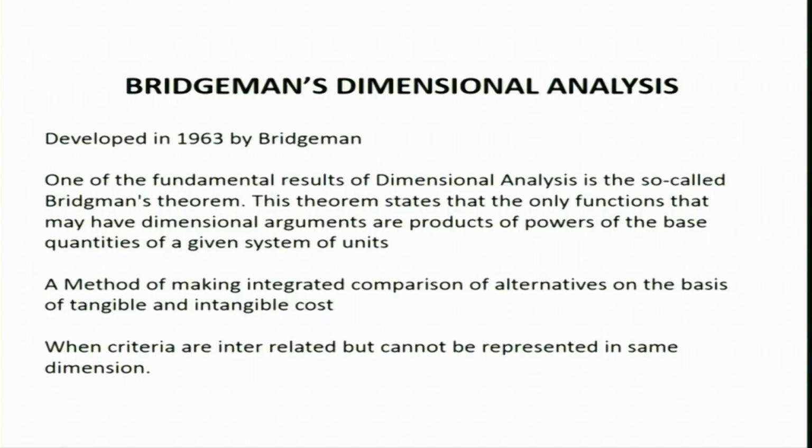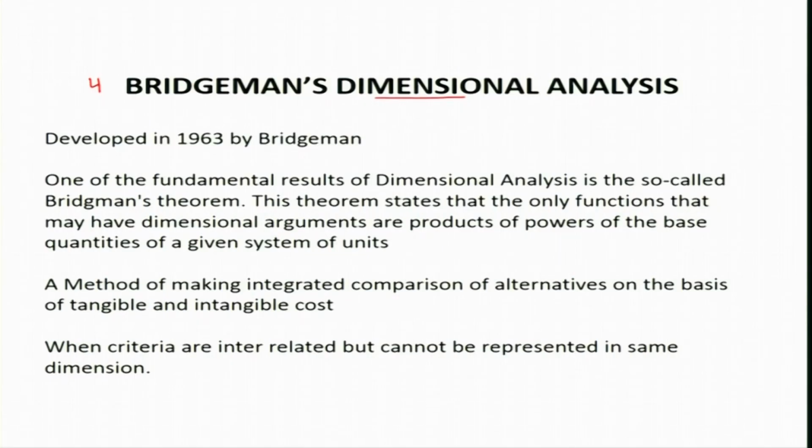Now, as a fourth technique, we will talk about Bridgman's dimensional analysis. A very important, very useful technique with vast applications, not only in the plant location area, it can be applied in other areas also. This was developed in 1963 by Bridgman, and as the name suggests, dimensional analysis, we do the analysis of various dimensions of a given location or a given alternative.